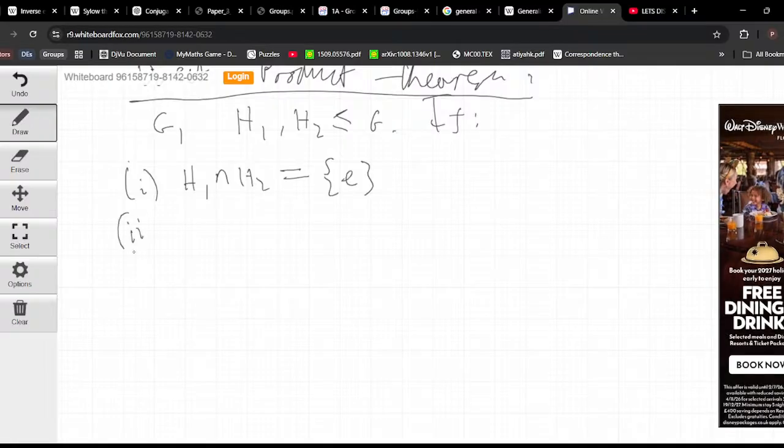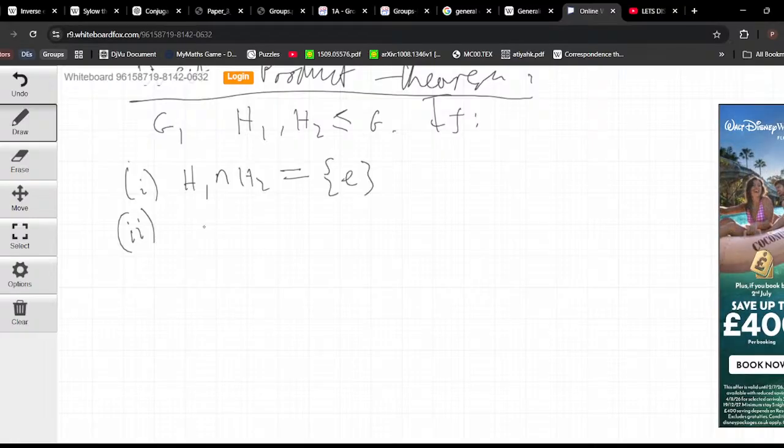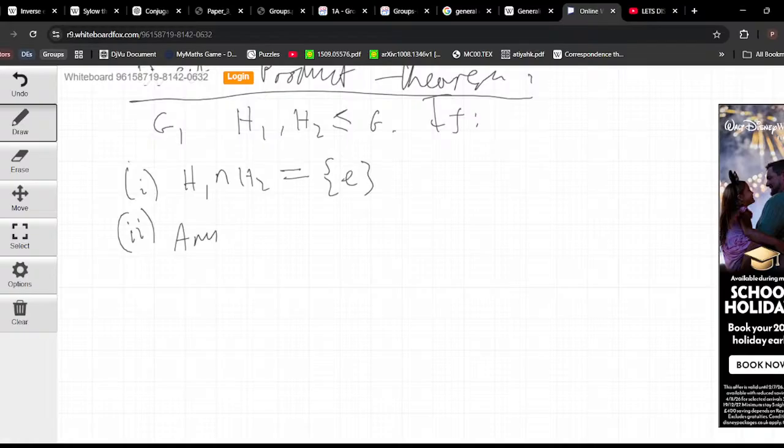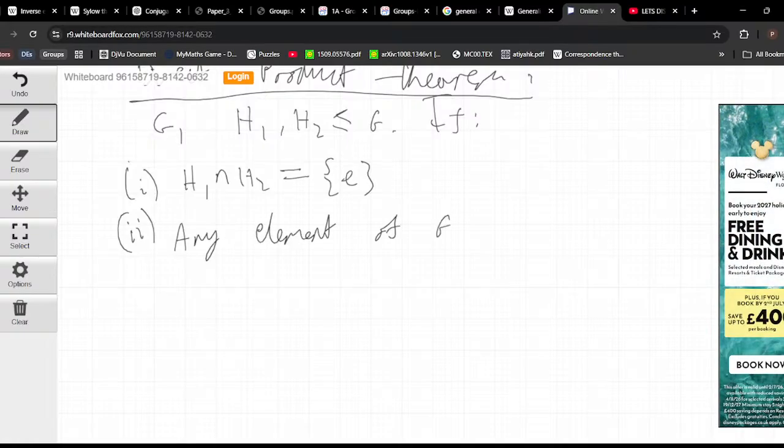Secondly, any element of G can be written as h1 h2, where h1 and h2 are elements of H1 and H2 respectively.